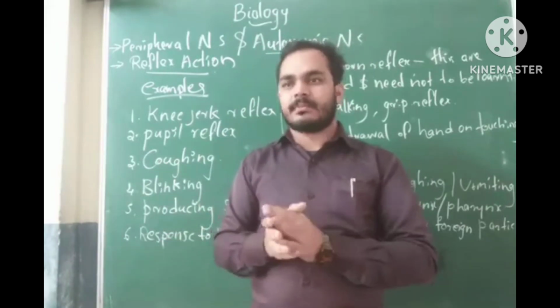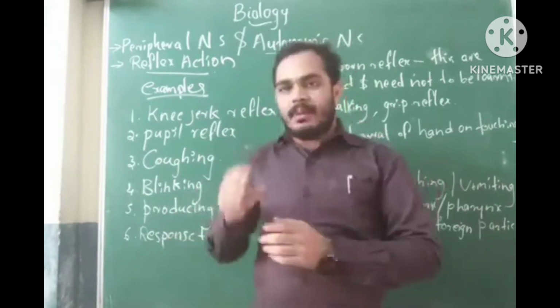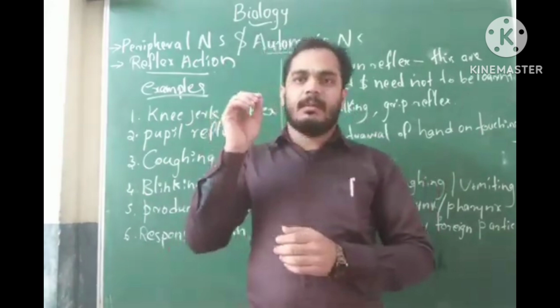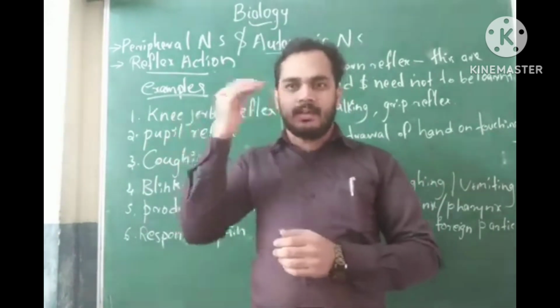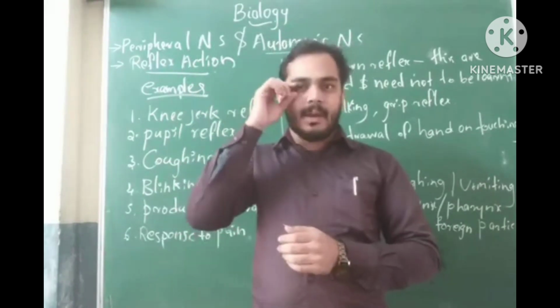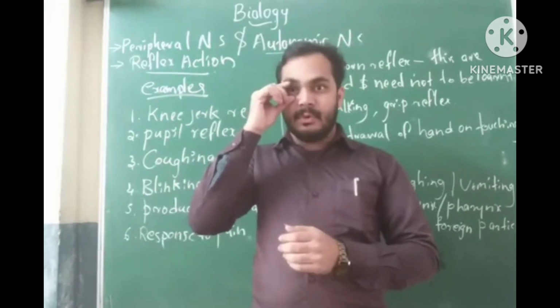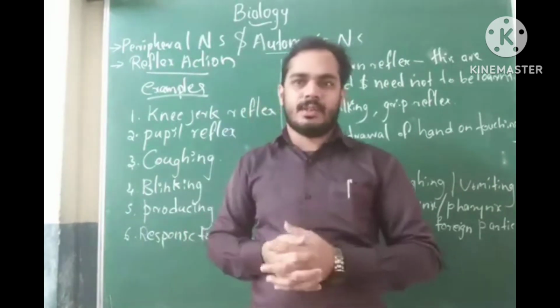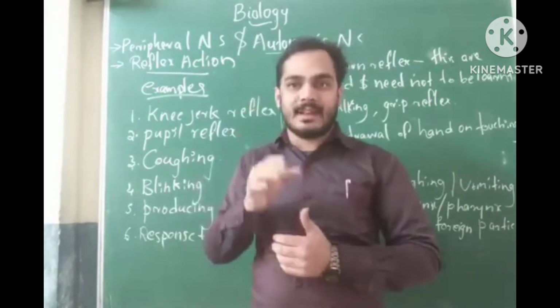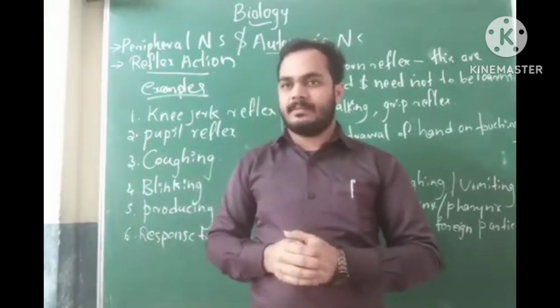For example, when something is coming towards the eye, our eyelid is going to blink. What is this? That means escaping from that situation. So the blinking of eye is also an example of reflex action.